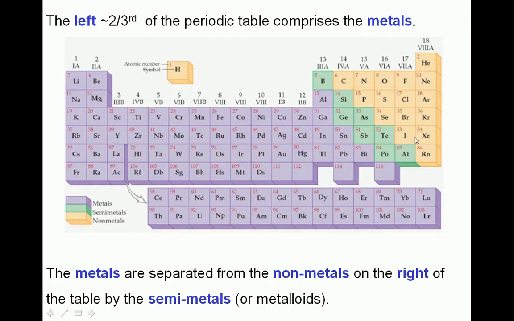And then the upper right corner of the periodic table are the non-metals. Now hydrogen is a non-metal, but it is often placed either by itself or over on the far left of the periodic table, but it's important to recognize that hydrogen is a non-metal.